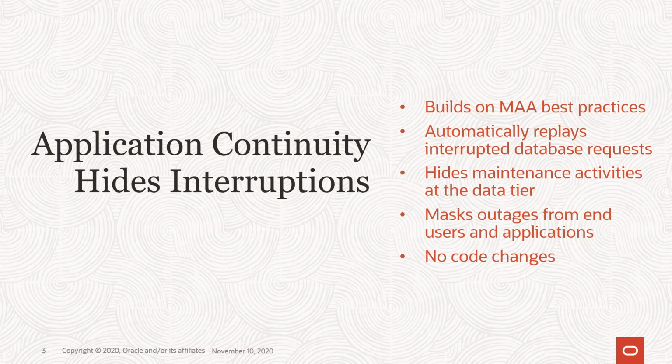This is part of the MAA series, and so this rightly fits there. It builds on top of what the MAA architectural blueprints provide for you. So as you deploy your data structures and databases and database infrastructure, following these best practices, the intent is to provide HA, or high availability, for your data layer databases, whether they're in the RAC systems or in your Data Guard systems.